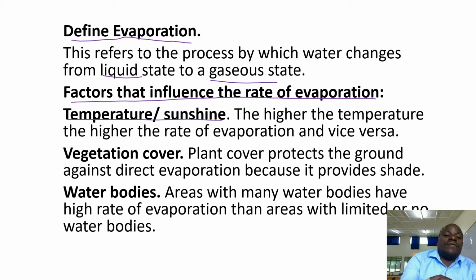Then we have vegetation cover. Areas which are covered with much or thick vegetation cover have low rate of evaporation because the vegetation limits the amount of heat from the sun or radiation that would have caused evaporation on the ground.